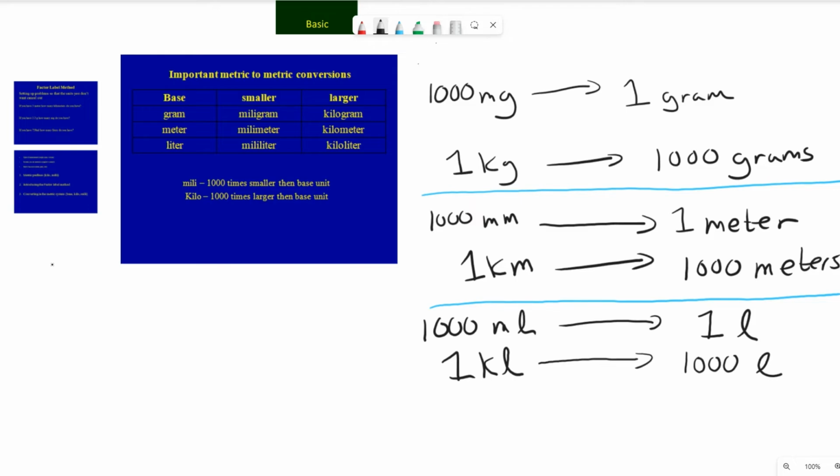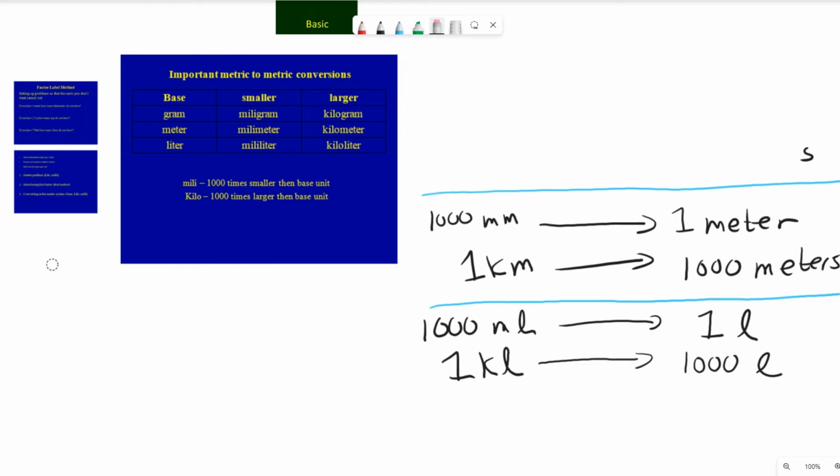The biggest problem that students tend to have when they're converting using the factor label method or any kind of method within the metric system is they would know that it's a ratio of 1,000 to 1, but they don't know, am I supposed to multiply by 1,000 or am I supposed to divide by 1,000? Well, if you use the factor label method correctly, it will kind of automatically set the problem up so that you always multiply and always divide correctly.